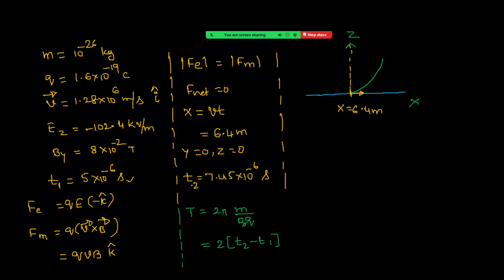Now here we are focusing on the time interval T2 minus T1. That means it is half of the time period of revolution. That means it completes a half revolution. That means the diagram must be like this.